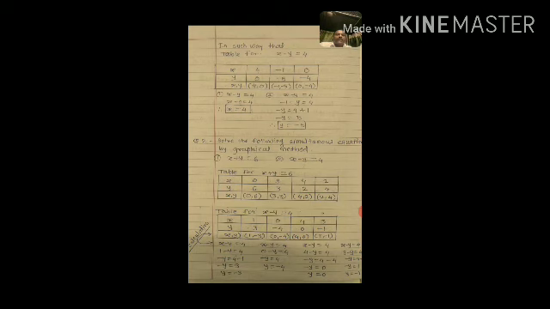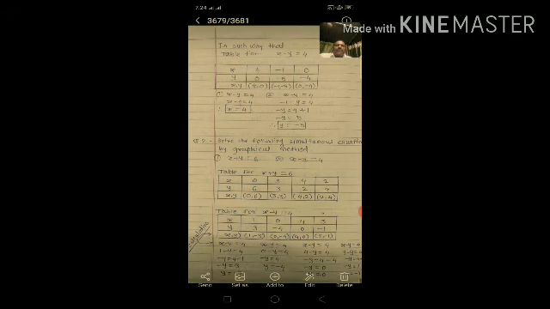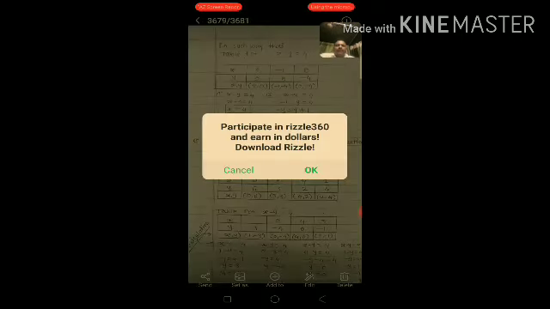Then in the same equation put the value x is equal to minus 1, then after solving, y is equal to minus 5, and lastly x is equal to 0, then y is equal to minus 4.